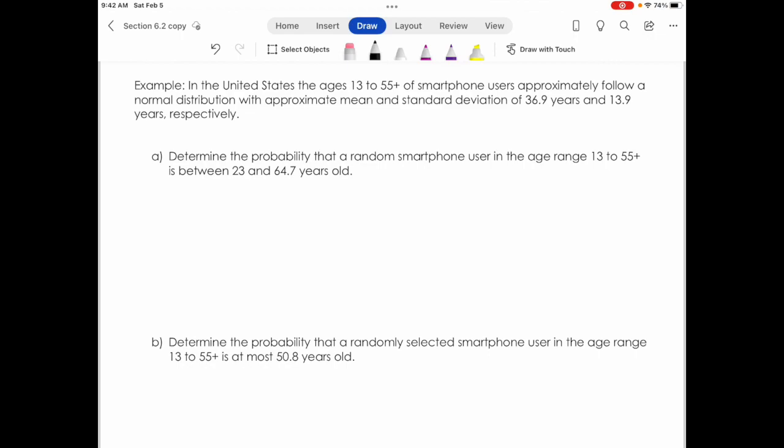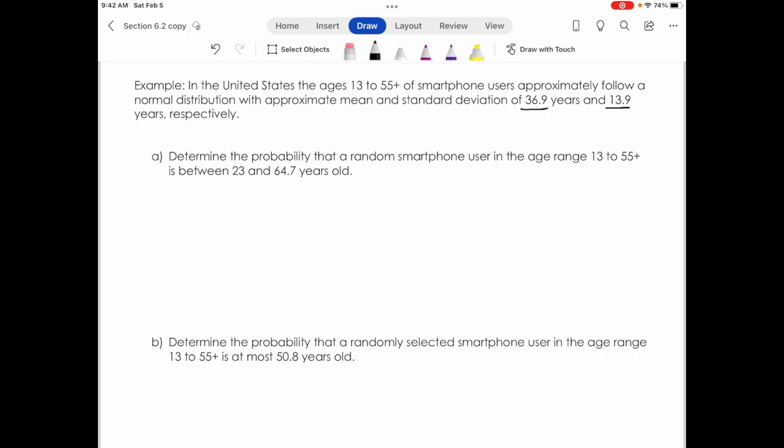Okay, in the next example, it says in the United States, the ages 13 to 55 and up of smartphone users approximately follow a normal distribution, and the mean and standard deviation are 36.9 and 13.9 years respectively.